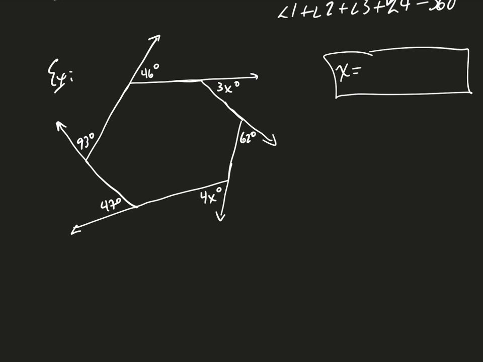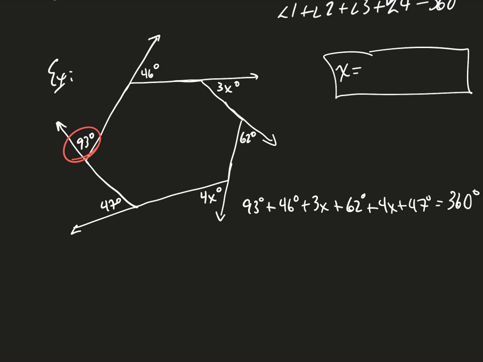So the idea is to start with any angle you want. Just for the heck of it, I'll start with the 93 and work yourself around. So what this means then is 93 plus 46 plus 3x plus 62 plus 4x plus 47 has to be equal to 360 degrees.